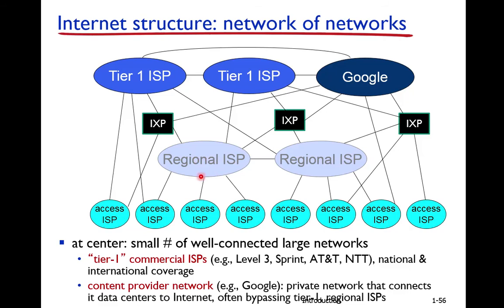This is, for example, the PTCL network in Pakistan, and they are connected to the ISPs in Pakistan. So this regional ISP, the PTCL network, is controlled by PTCL in Pakistan. Okay, so in this way we can say that the internet is basically a network of networks. They are interconnected with each other, like different countries are connected with each other.